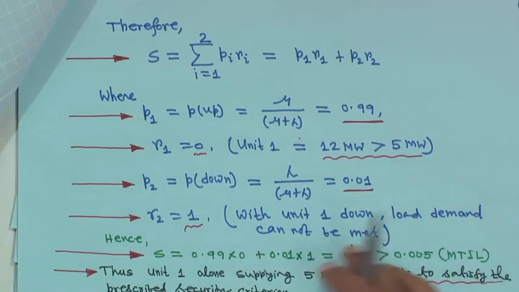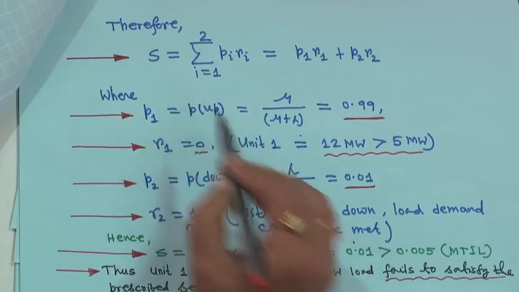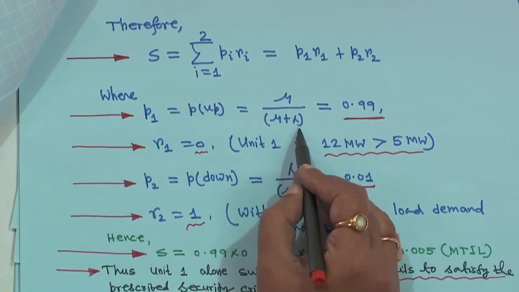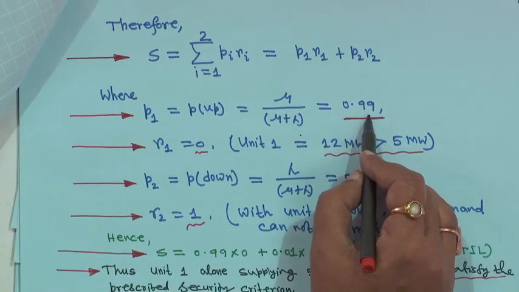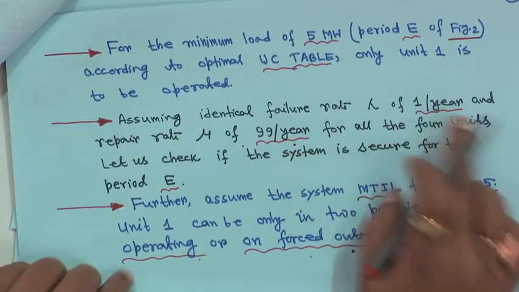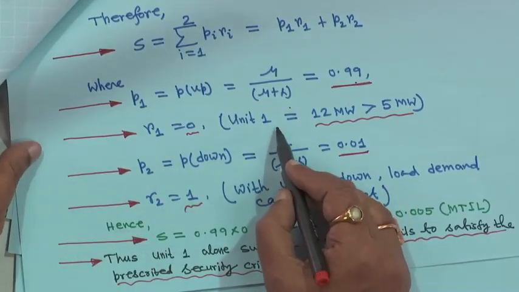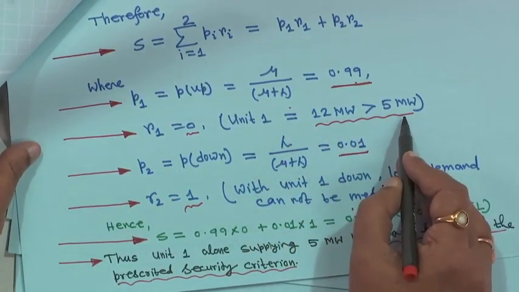P1 is P up, equal to mu upon mu plus lambda, which is 99 over 100, 0.99, because mu is 99 per year and lambda is 1 per year. R1 is 0, because unit 1 is 12 megawatt, which is greater than 5 megawatt.